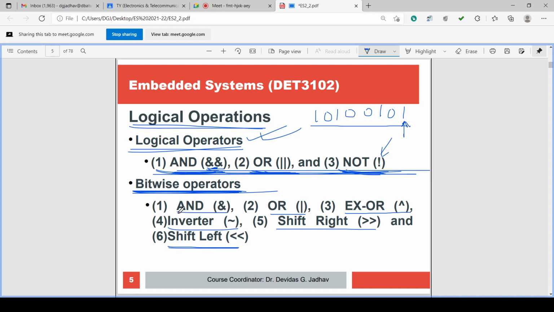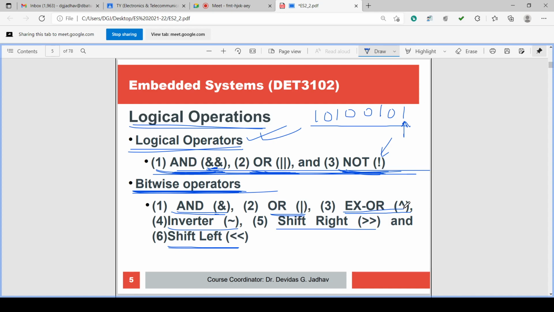Again, AND is ampersand, which is Shift and the 7 number key. OR is Shift and the backslash key. XOR is Shift and the 6 key.